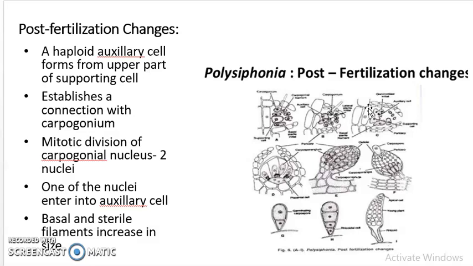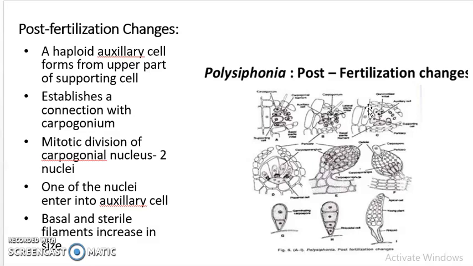Okay. By this time, the basal sterile filament and the lateral sterile filaments increase in size and cover the carpogonium. The pericentral cells close to the supporting cell produce many vegetative cells, which ultimately develop into the carposporophyte.